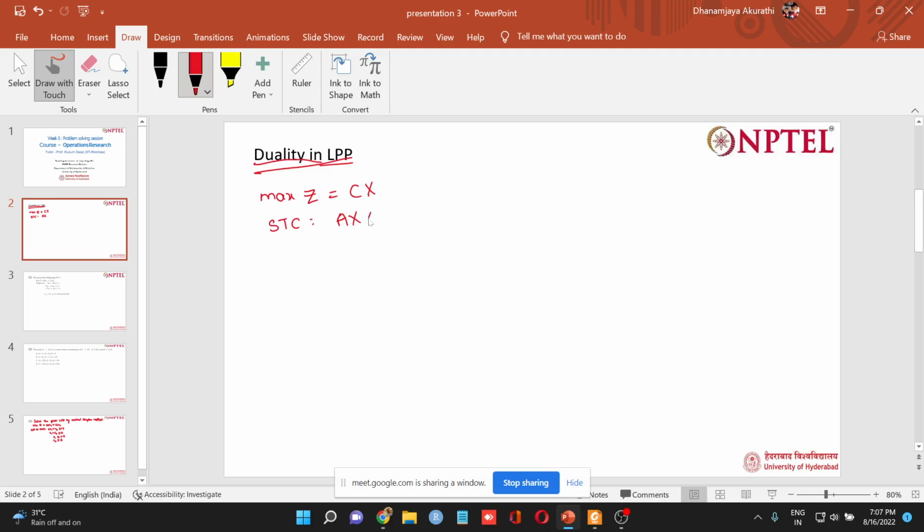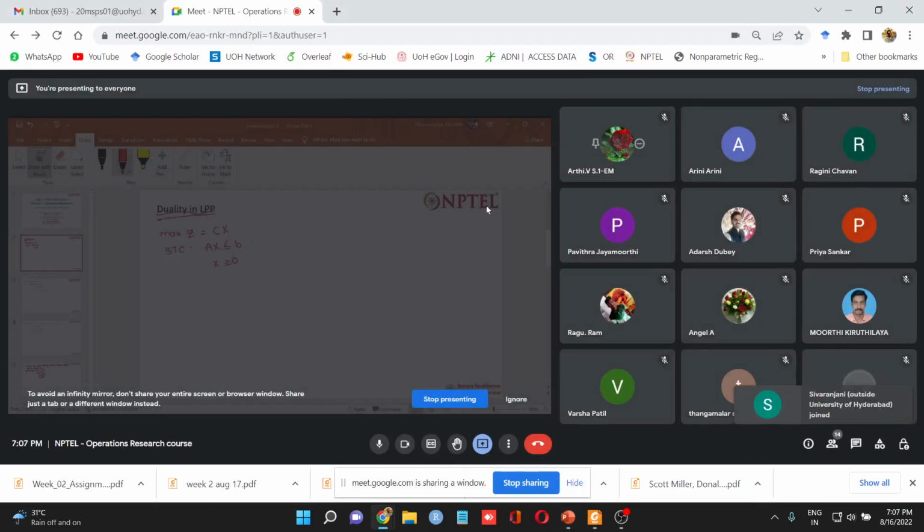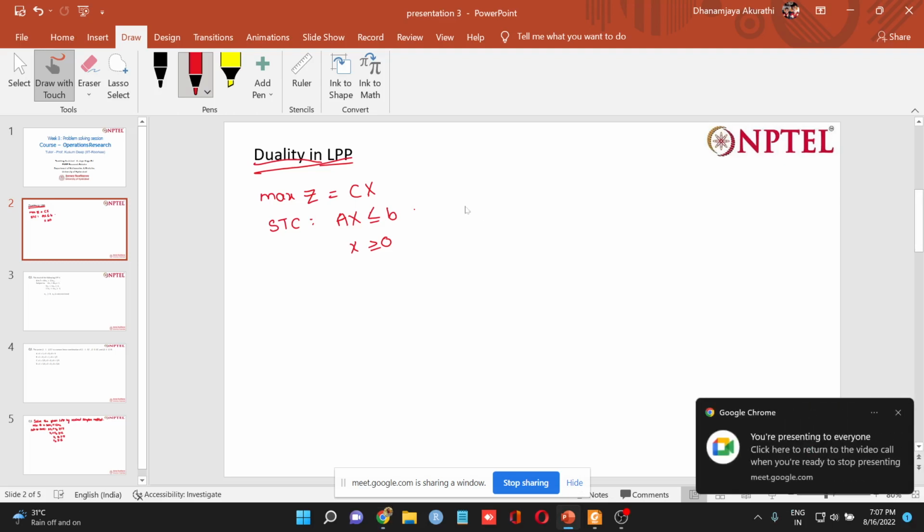And the decision variables have non-negativity restrictions, x greater than or equal to 0. So in this problem, how can we convert this primal LPP into the dual?